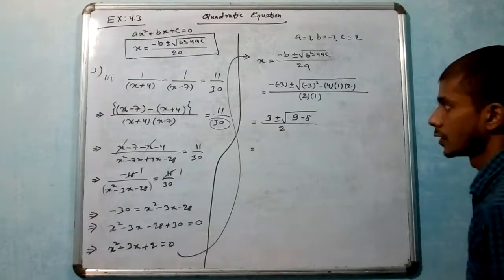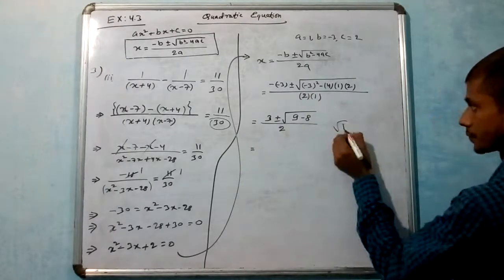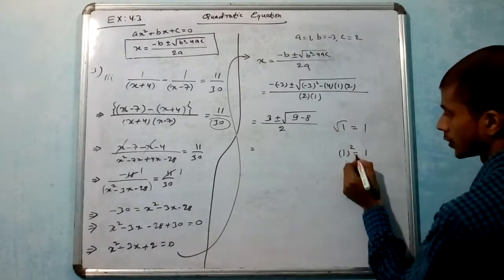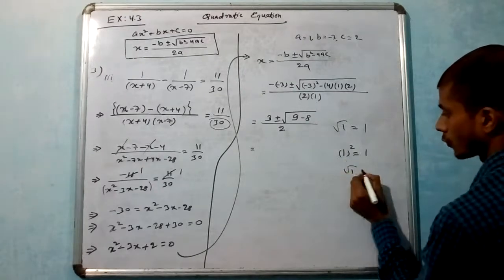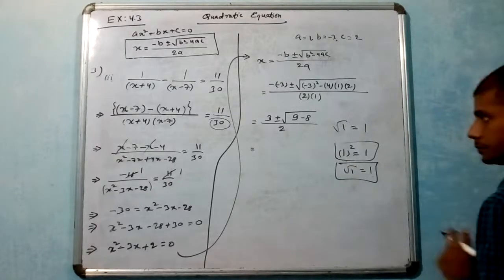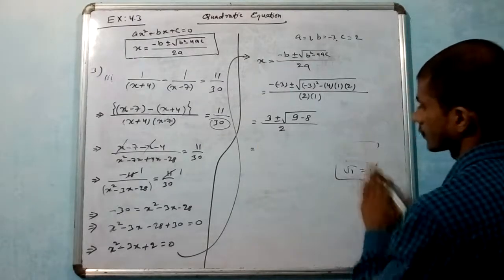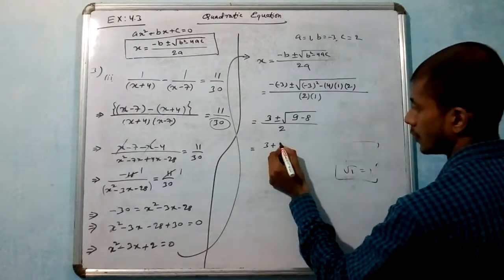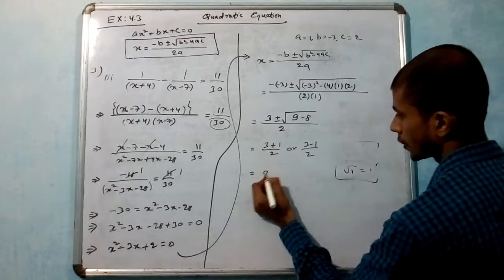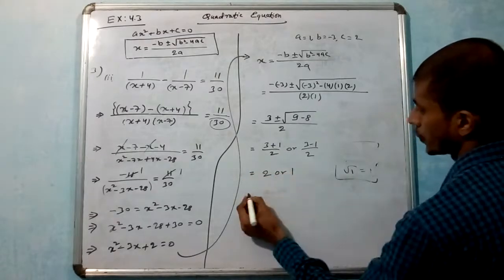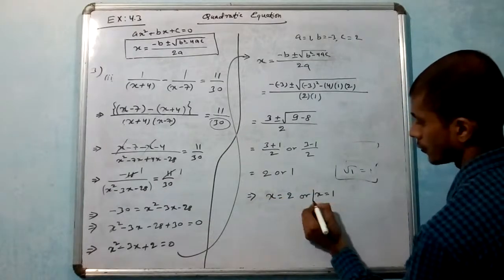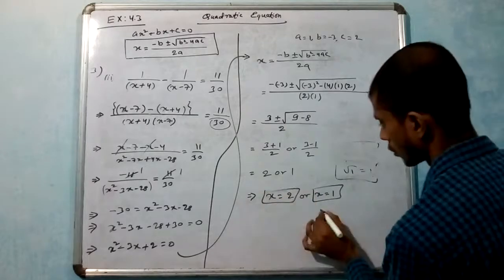Root 1 means 1 only. Why? Because 1 square is 1 only, and that's why square root of 1 is 1 only. Next. 4 by 2, that is 2, or 2 by 2, that is 1. So we got x is equal to 2 or x is equal to 1. We got the two roots. Solution done. Understood?